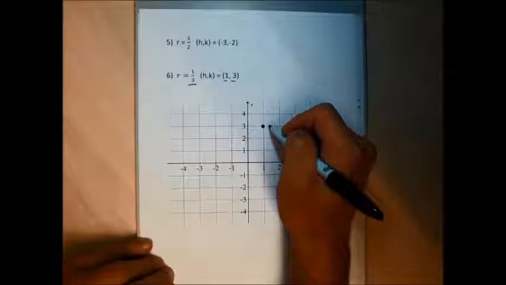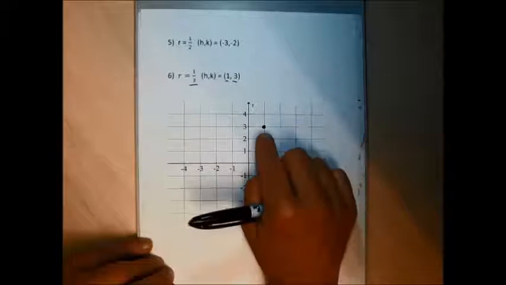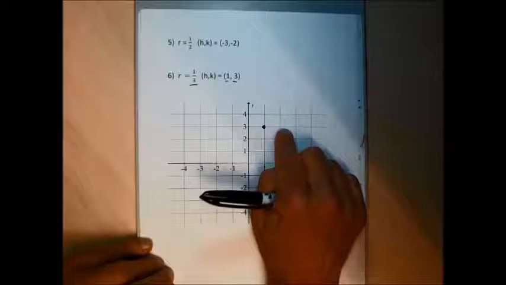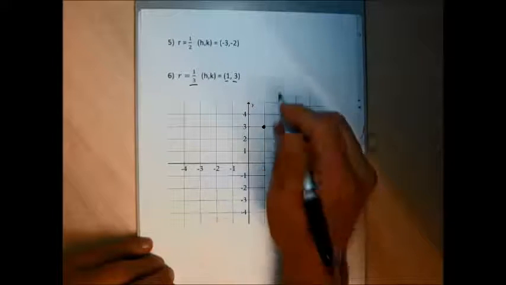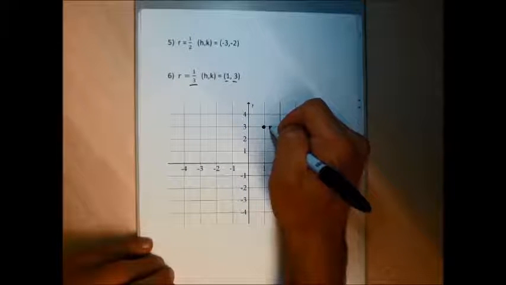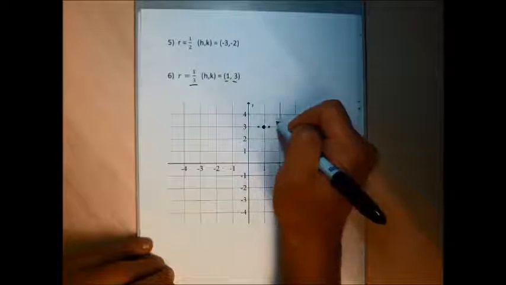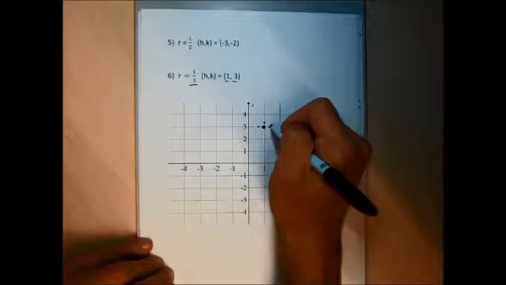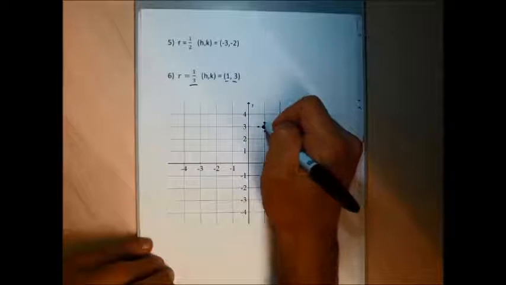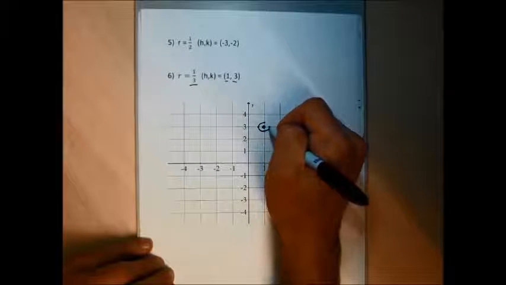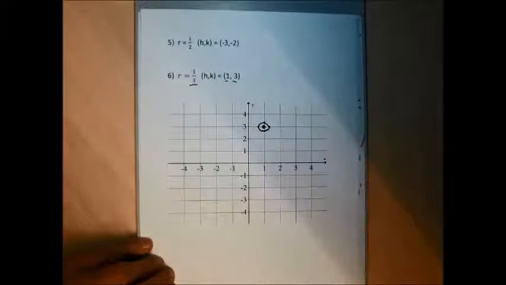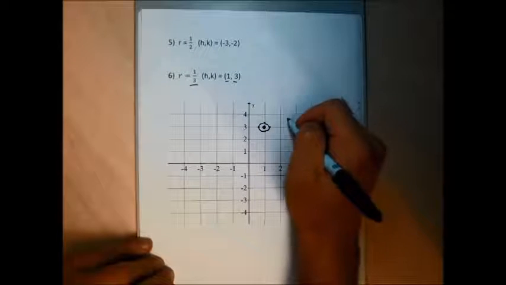A third is not a full way between the two vertical lines or horizontal lines. It's just a third of the way, so I'm going to call that a third up or right, that a third left, less than halfway, that a third up, this a third down, and I draw my circle. So that would be the sketch a graph part of number 6.